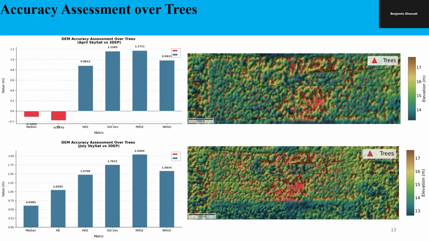However, the NMAD for the July image was 1.58. So it showed that the July data set or DSM had some inconsistencies, or higher errors, I should say, between the two DSMs generated.